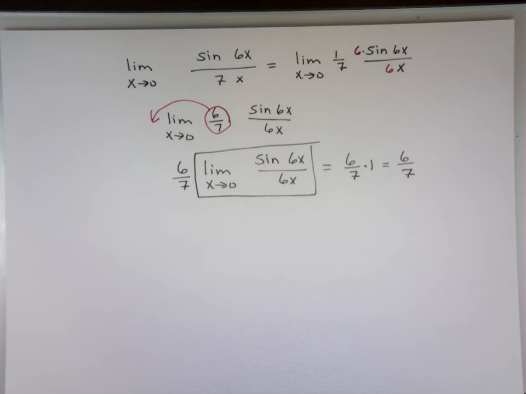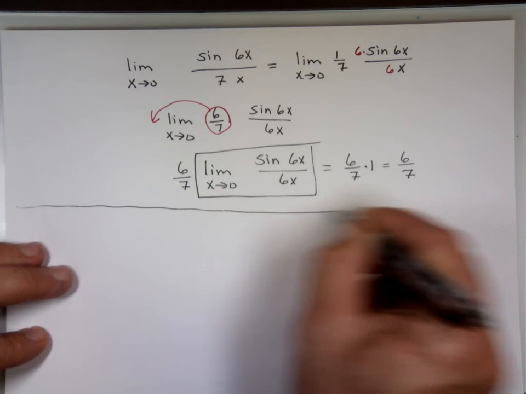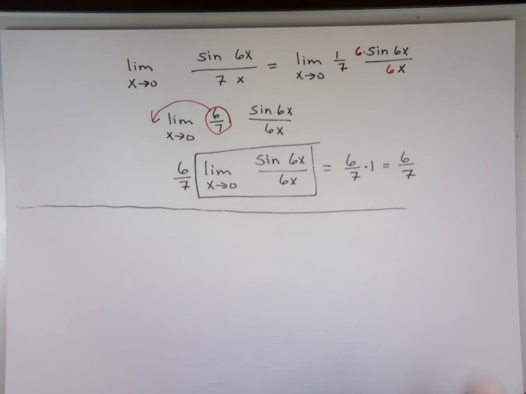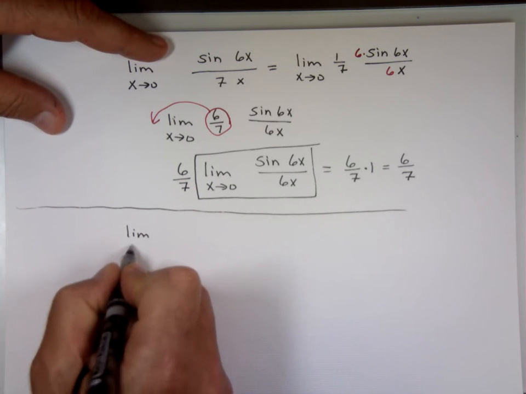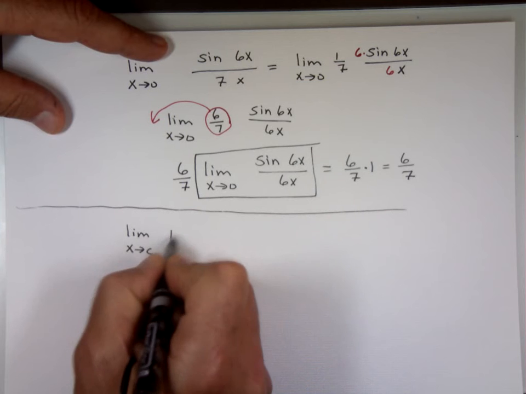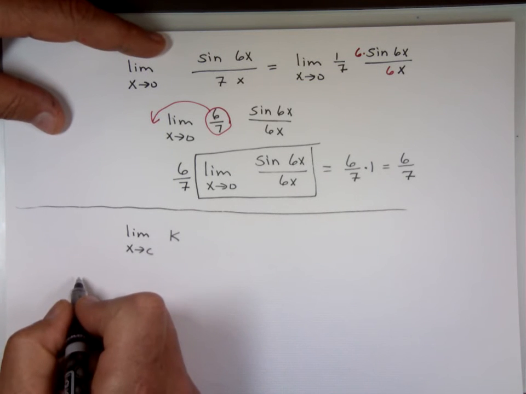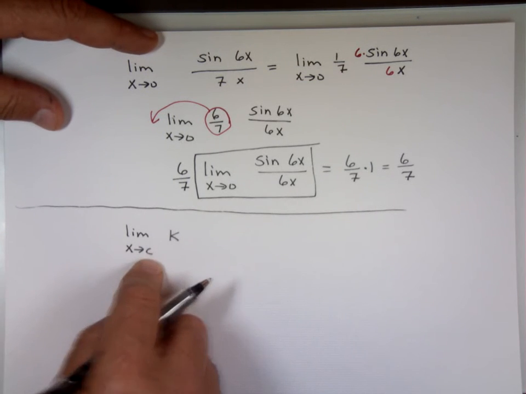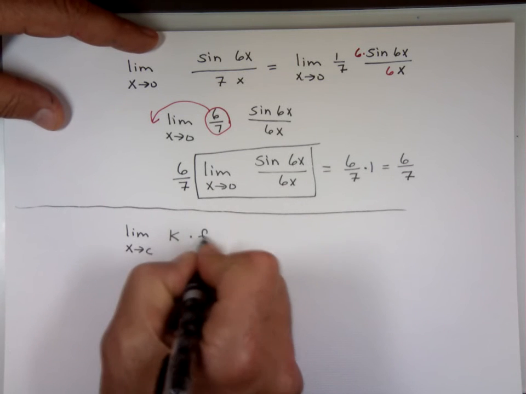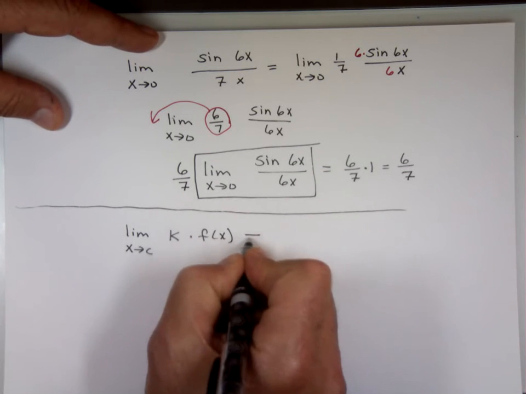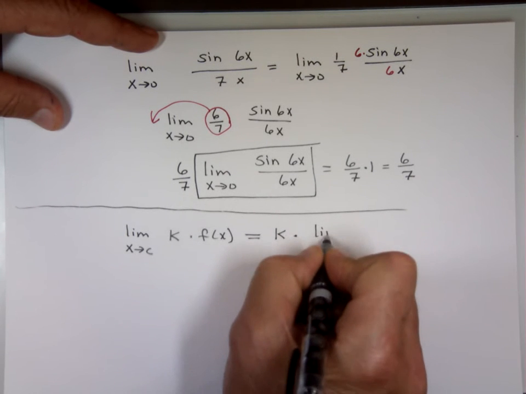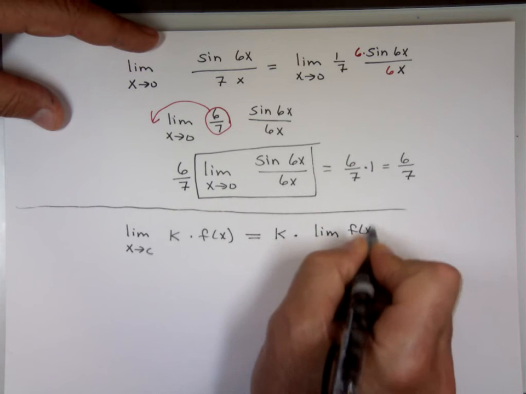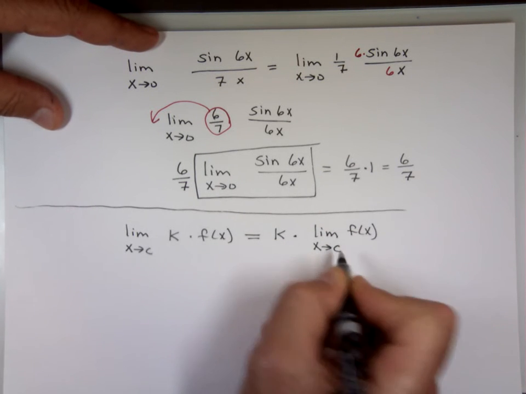I said there's a lot of properties about the limits. This is one of them if you have a number. So if you want to list the properties of the limits, you can say if you have the limit as x approaches c, and a constant, we can use k for constant. We're not going to use c because we have x approaching c. But if you have a constant times a function, you can actually take that constant to the front.